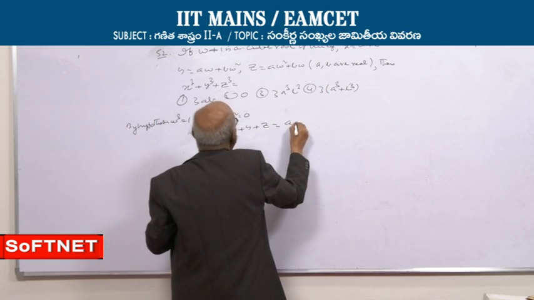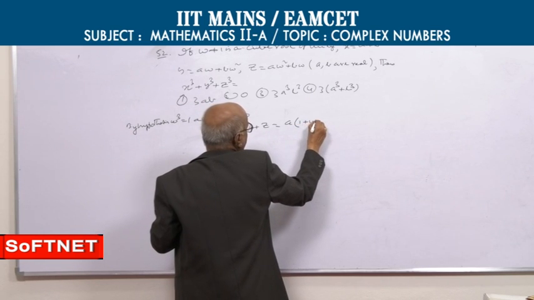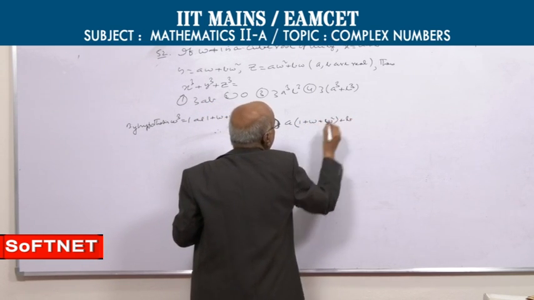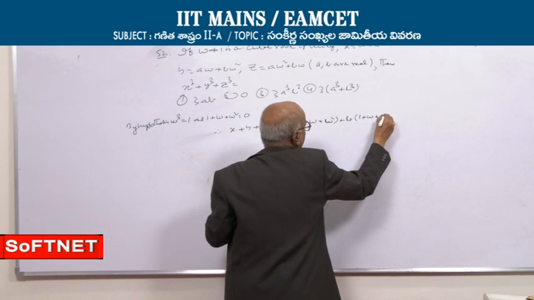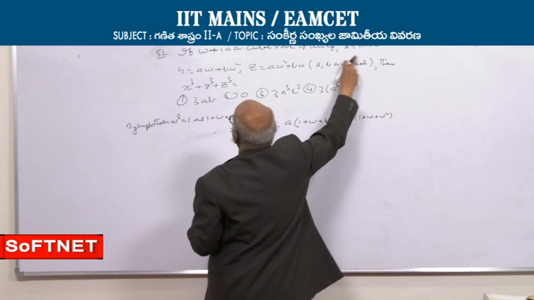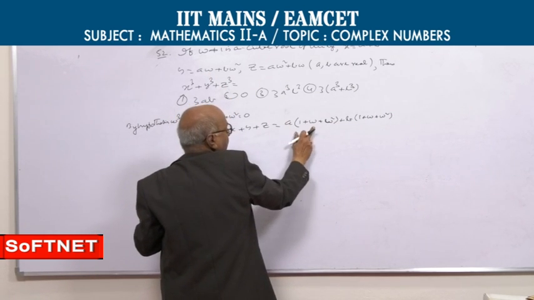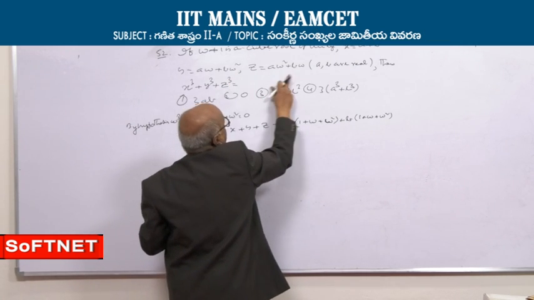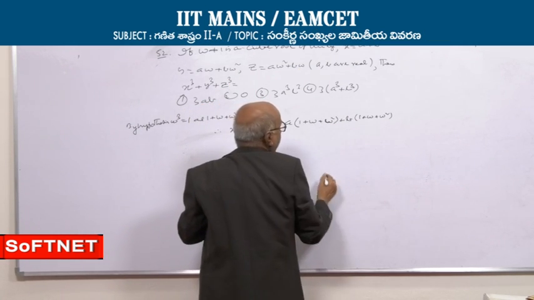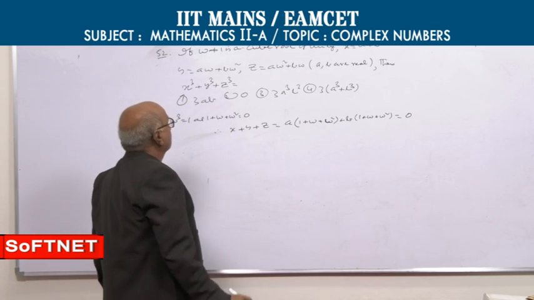That is a into 1 plus omega plus omega square, plus b into again 1 plus omega plus omega square. So this is nothing but 0.